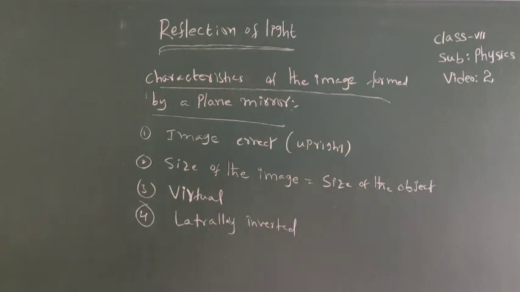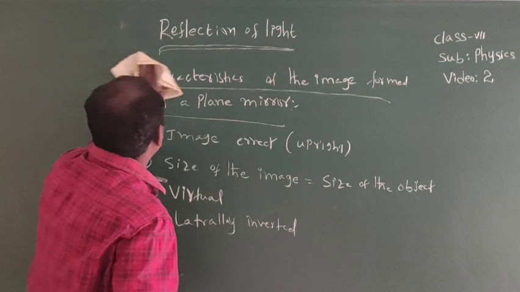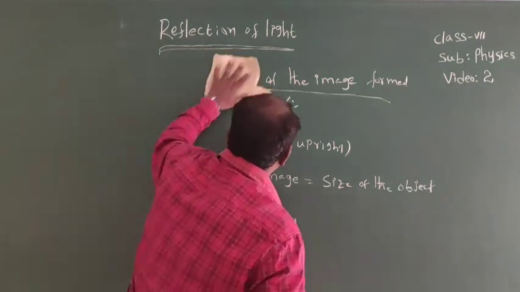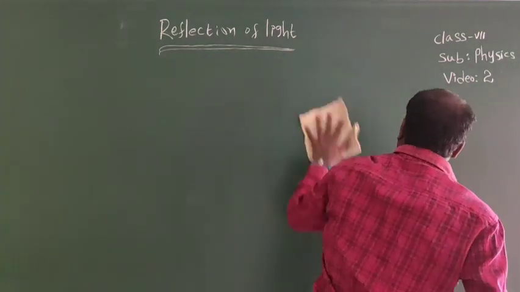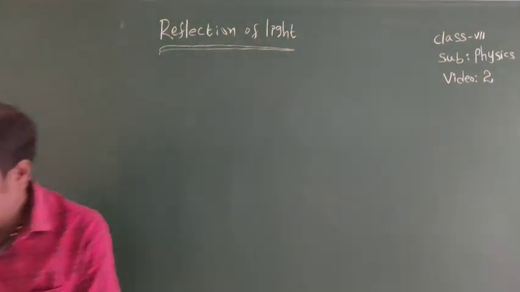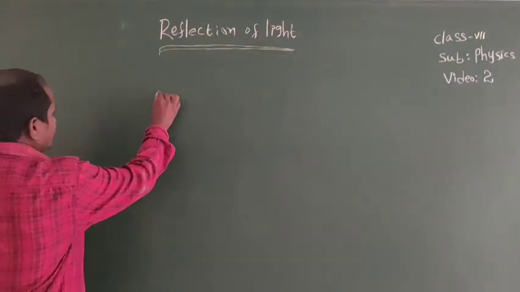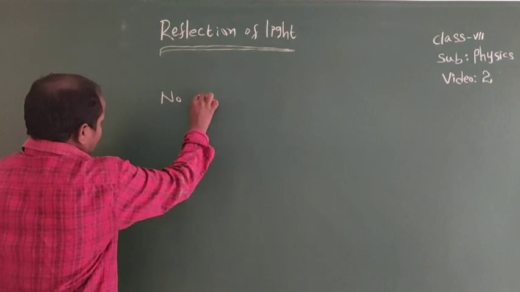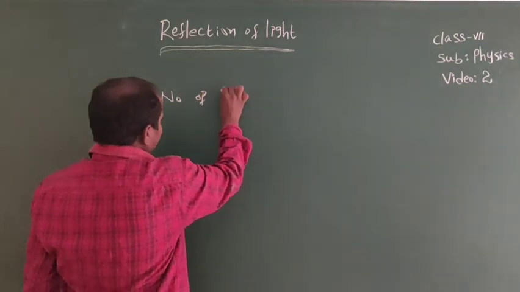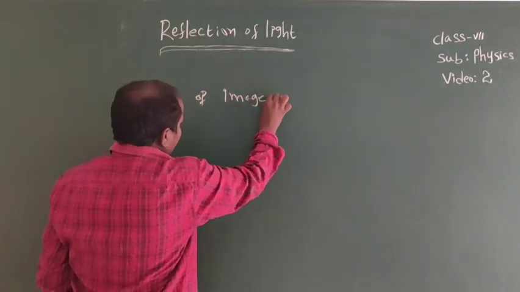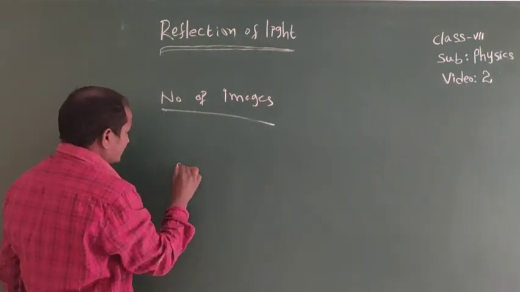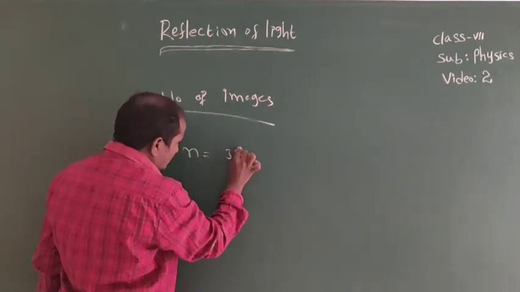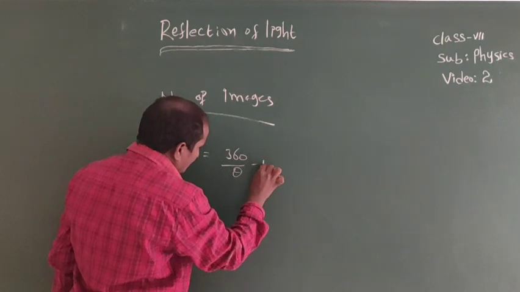Next one, how to find the number of images. Here n equals 360 by theta minus 1.